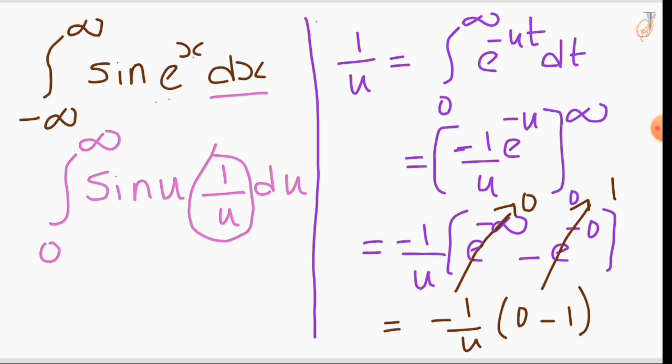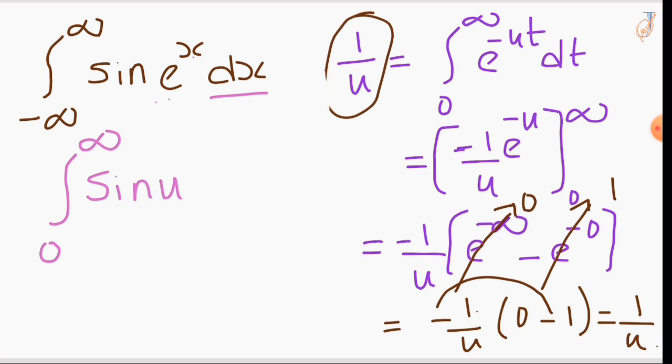If we expand this, minus times minus gives plus, so we get 1 over u. This is the same as the 1 over u here. That means instead of 1 over u, we can take the integral from 0 to infinity of e^(-ut) dt, isn't it? So I am going to take that.